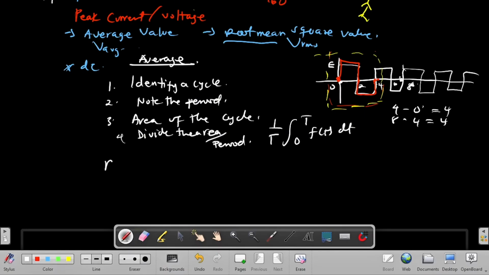Now let's check the RMS. So for the RMS, it's the same process but with slight differences. So first of all, we identify the cycle as well. Number two, we note the period. So taking note of the period, we are not done. We square the cycle.